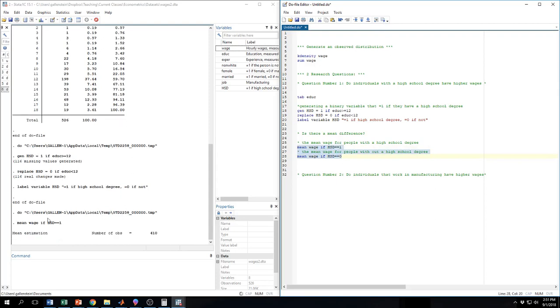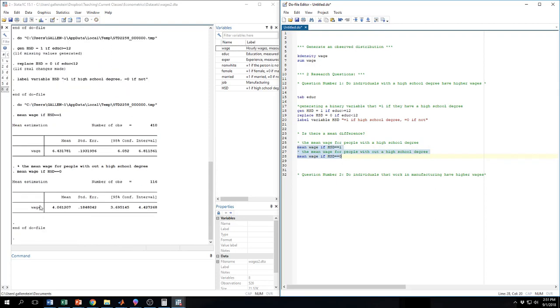Let's see. What do we get? All right, here we go. This is the mean wage if high school degree equals 1. This is the average wage for people if they have a high school degree, $6.4 an hour. Here is the average wage if they don't have a high school degree, average wage if HSD equals 0, $4.06 or $4.1 an hour.